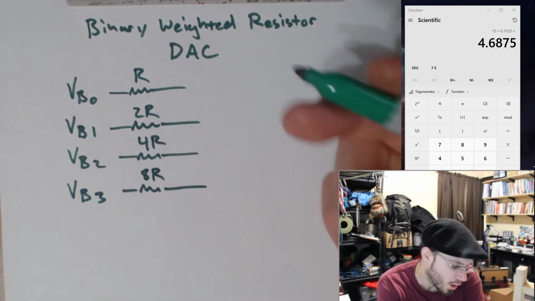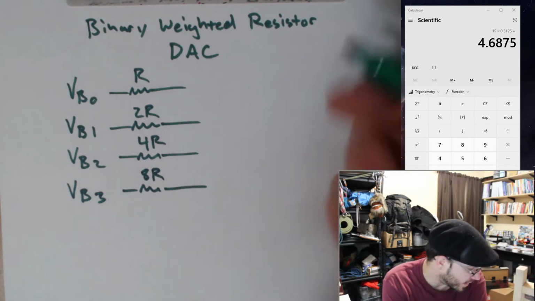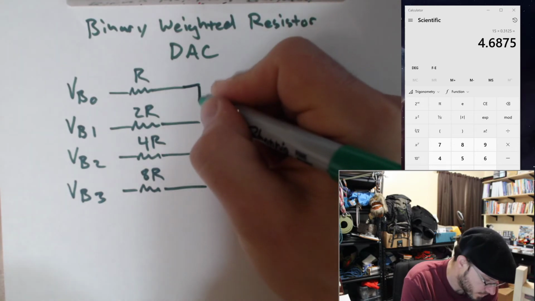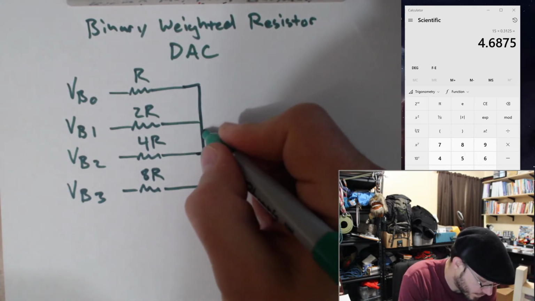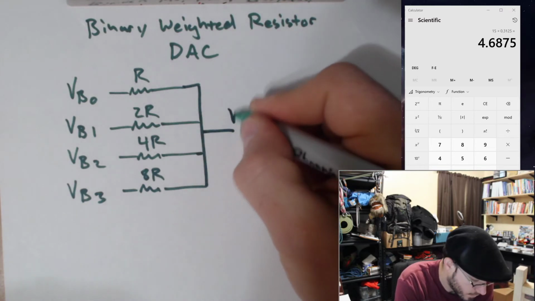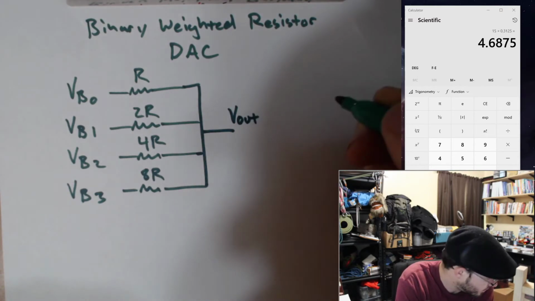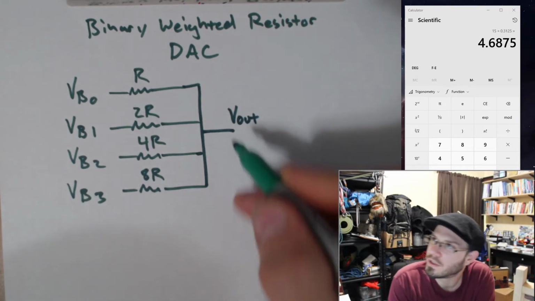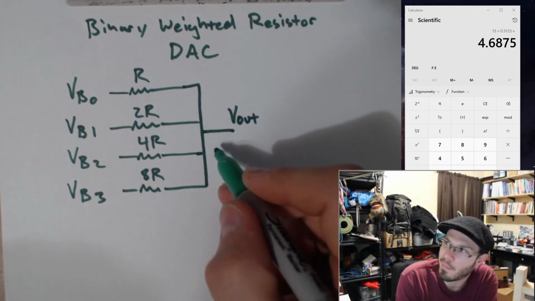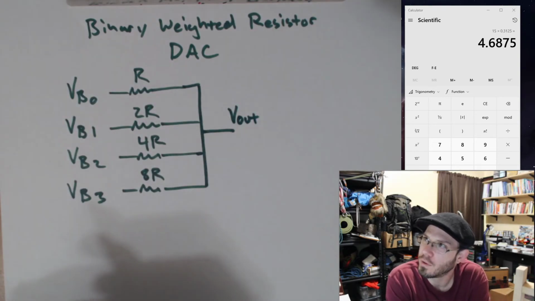So R, 2R, 4R, and 8R. And our V out is the weighted sum of all of our voltages.